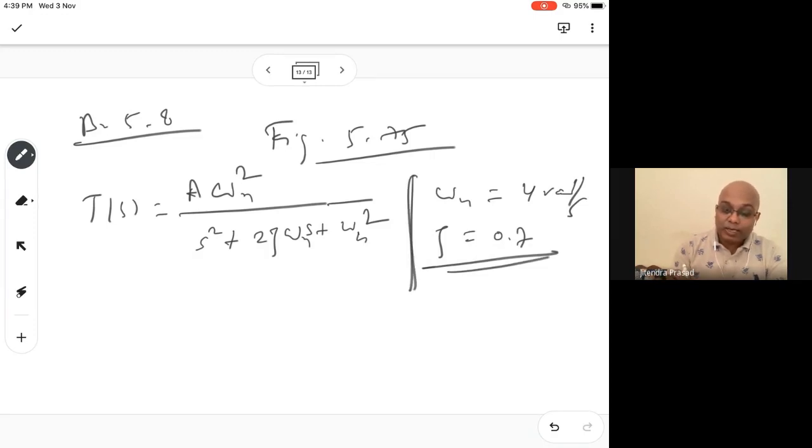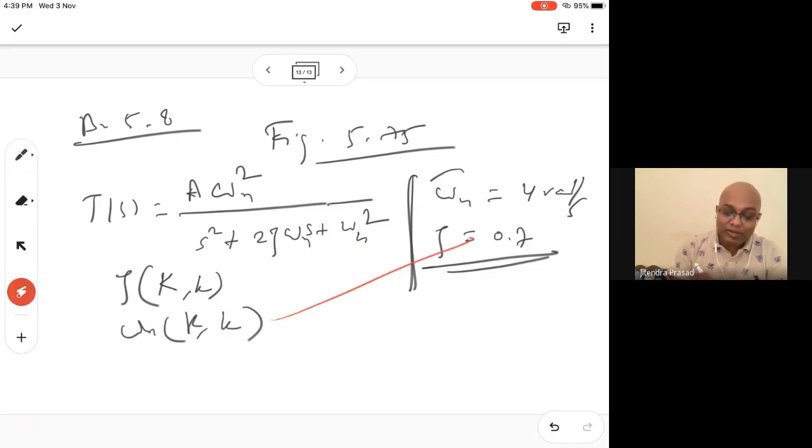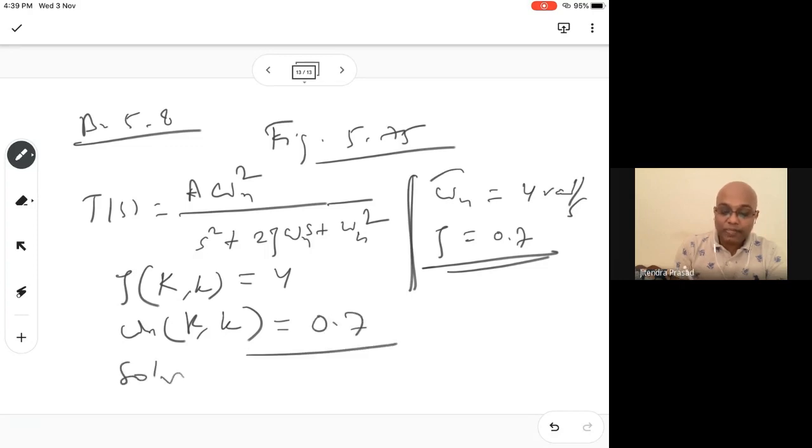Given these values, zeta and omega n will be in terms of big K and small k. You put this condition here, so omega n will be equal to 4 radian per second and zeta will be equal to 0.7, and solve for big K and small k.